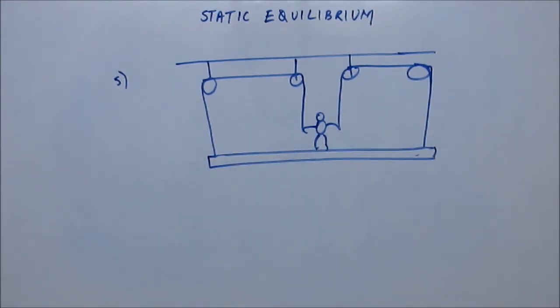Okay, so the man is holding rope on both the hands like this, and the system is stationary again.